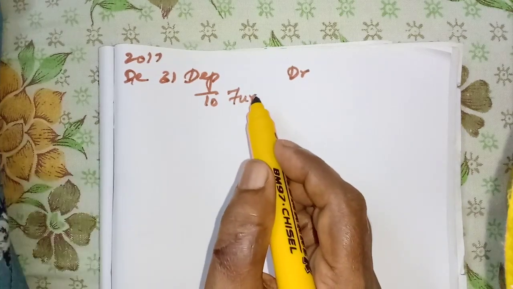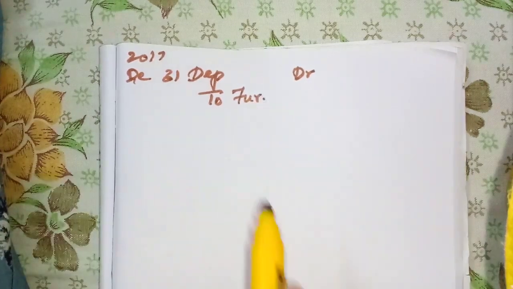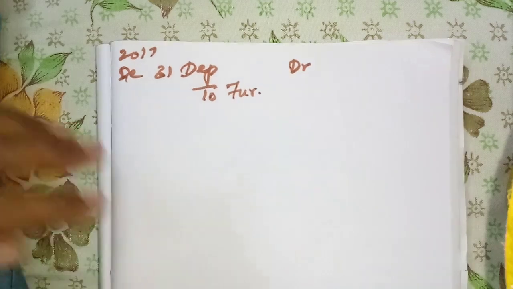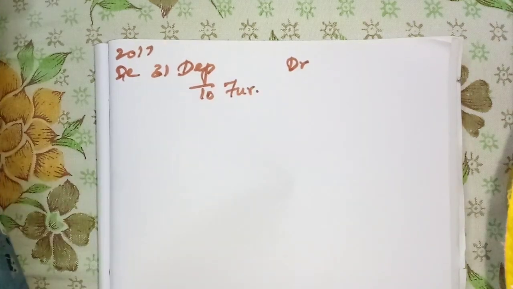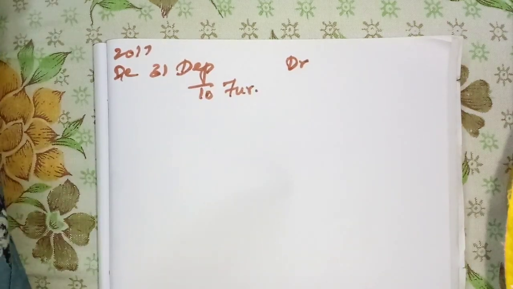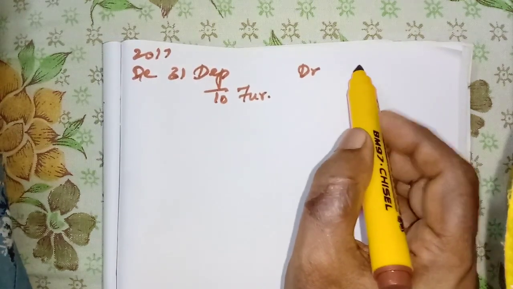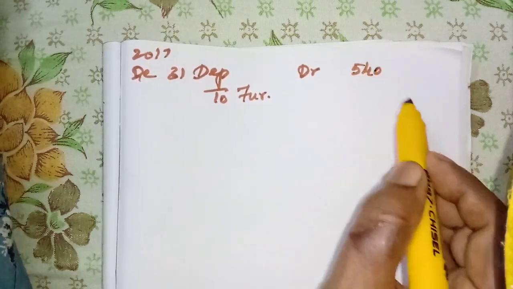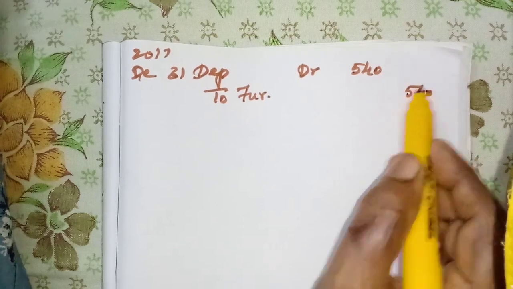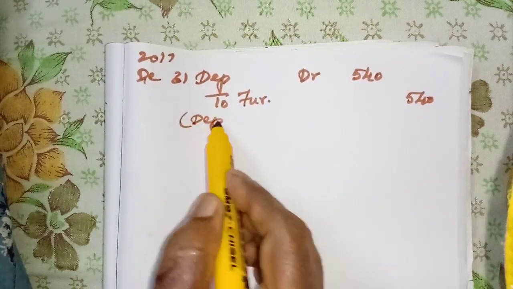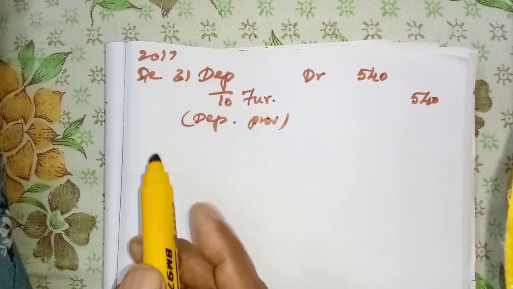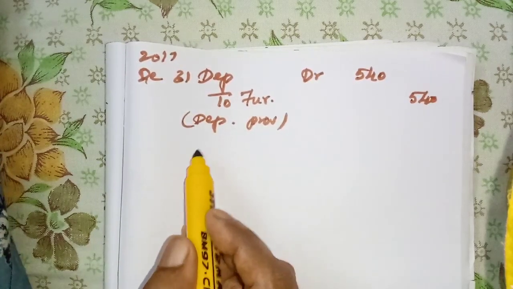Okay, now we need to calculate the depreciation, that we need to deduct the 600 from 6,000. How much we will get? 5,400. 10% we need to reduce, so 540. Okay, depreciation provided. Then transfer of depreciation.